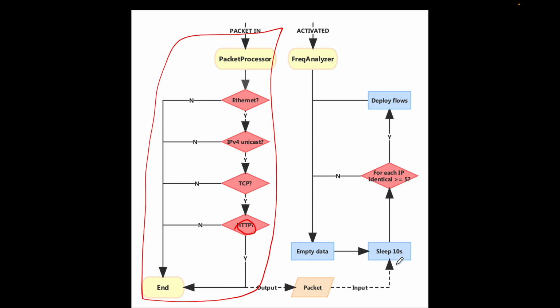Since the slow loris attack is very slow, we give it a long analysis time. For each IP address, if there are more than 5 packets with the identical timestamp in one cycle, then we will deploy some flows to block this IP. And finally, at the end of each cycle, we will empty the log data.